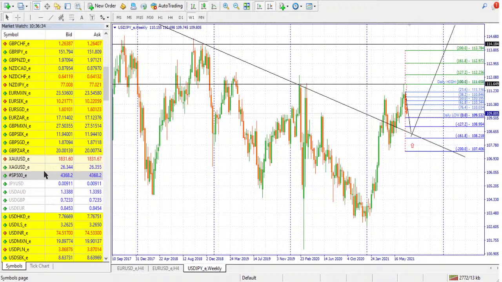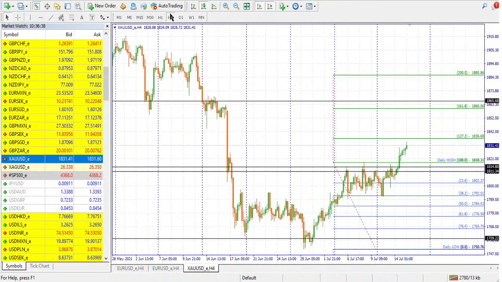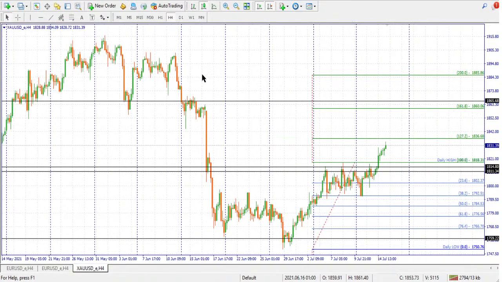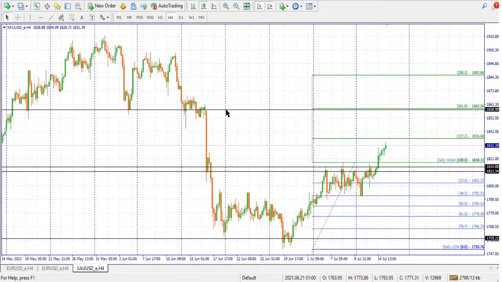The other symbol which I'd like us to look at is gold. Gold so far, this is bullish. Gold is on the upper side. We do have a support here, we do have a support here, we do have a support.